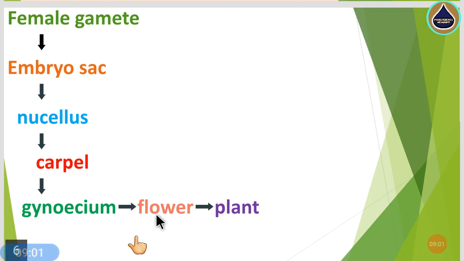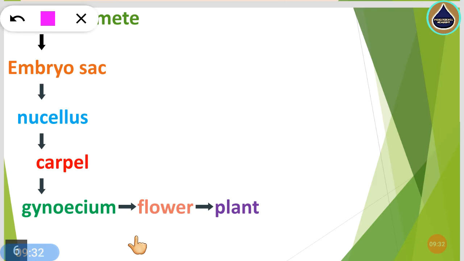The plant has a flower, and the flower has the female reproductive sexual part. It is called gynoecium, and a single unit of the gynoecium is called carpel, and in the carpel is found the nucellus, and in the nucellus there is the embryo sac, and in the embryo sac there is an 8 cell structure, out of which one cell is called the female gamete, that is called egg.